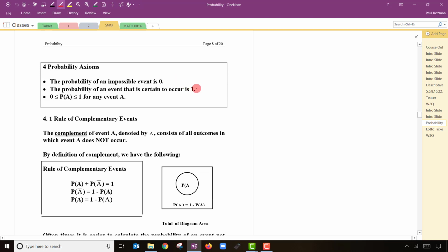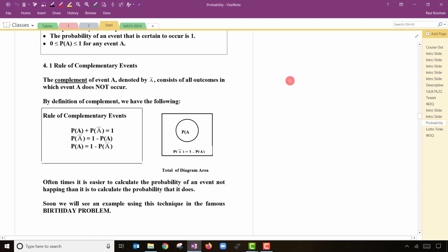So probability is always bounded between 0 and 1 for any event. So those are the three fundamental basics of probability. Then we can build some other rules from there.